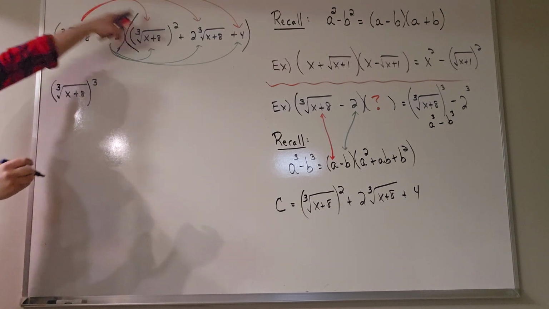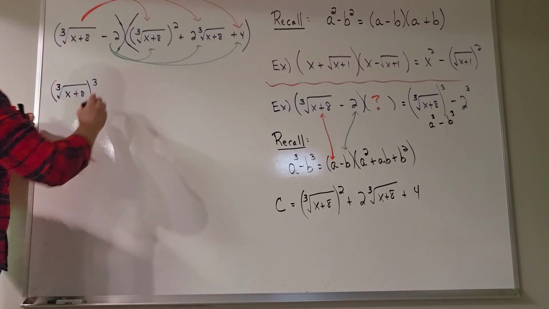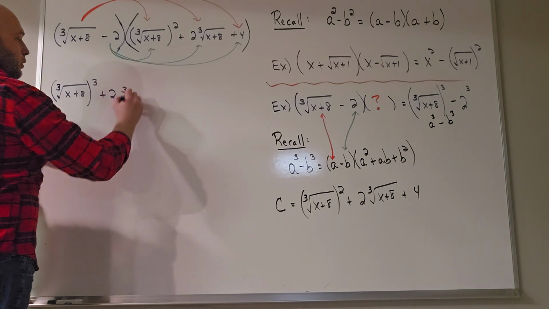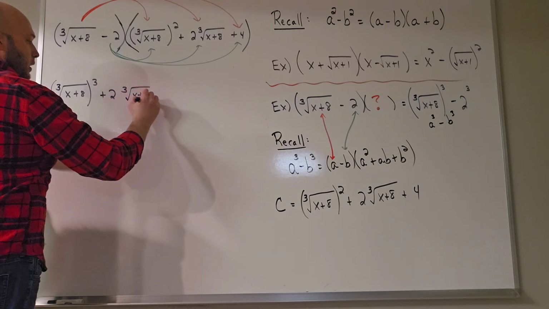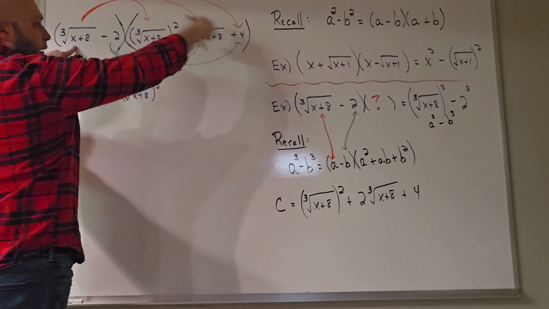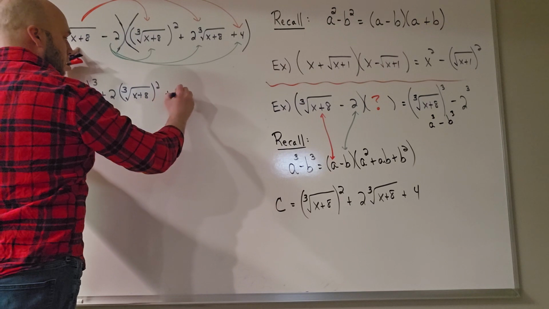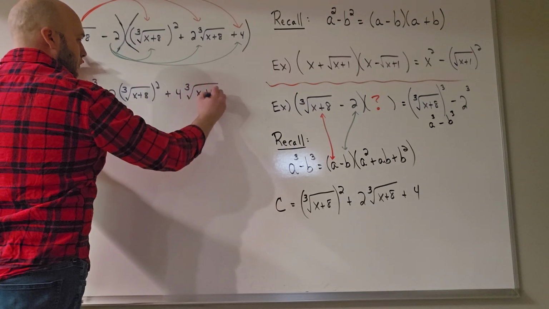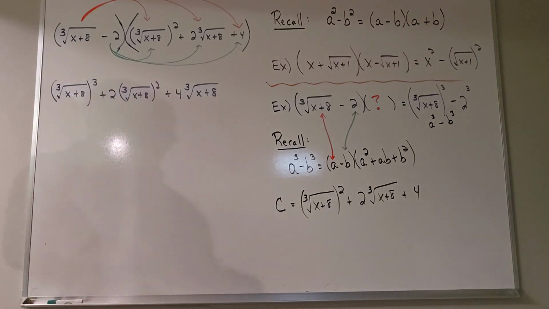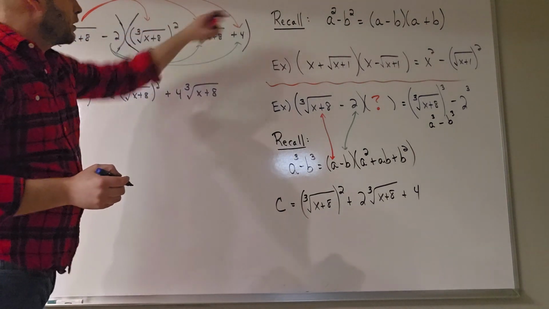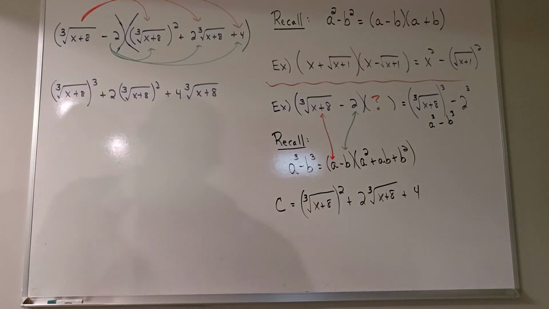So that'd be the first red arrow. Then the second red arrow, I would have plus 2 times the cube root of x plus 8 squared. And then I would have 4 times the cube root. So the 3 terms that I just wrote would be each of those 3 red arrows, all 3 of those multiplications.